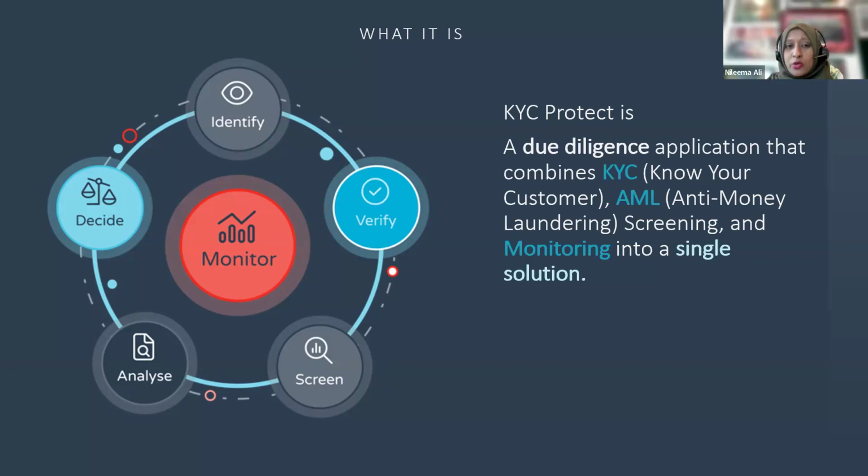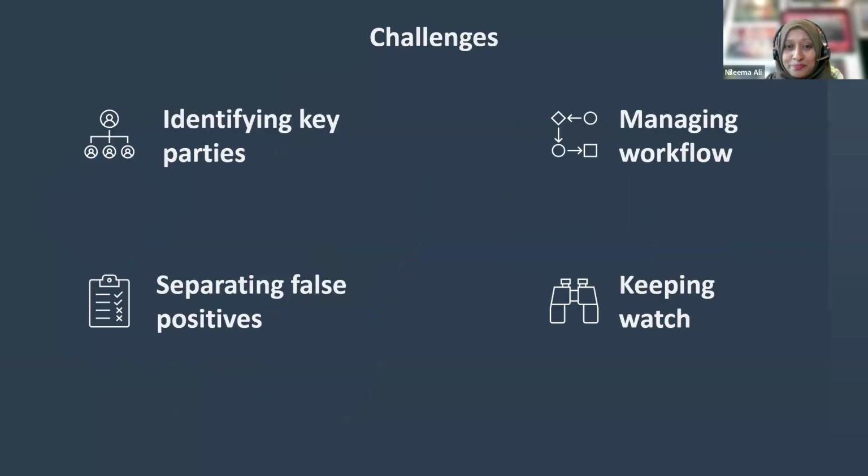So you would go through a process of identifying perhaps and verifying your customers and suppliers. You would then screen them within the platform, analyze that data within the application, make a decision and have that fully audited within the application, and then continuously monitor to ensure that you're ahead of risks or pending risks.